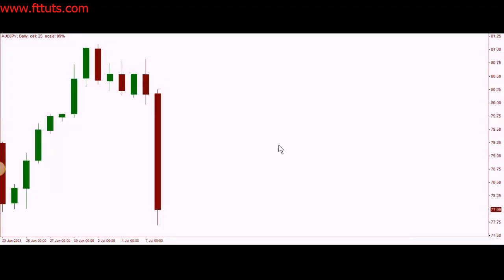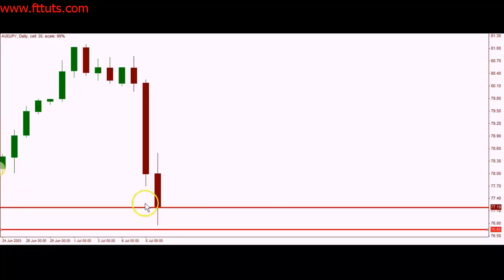So just looking here, and that's a big drop there, and now we hit right on support. We're within this area here. So support and resistance is not just a line, guys, it's an area, so always know that. And a lot of times I'll draw big zones to show myself where that support and resistance level is. We'll talk more about that when we get into our support and resistance trading.